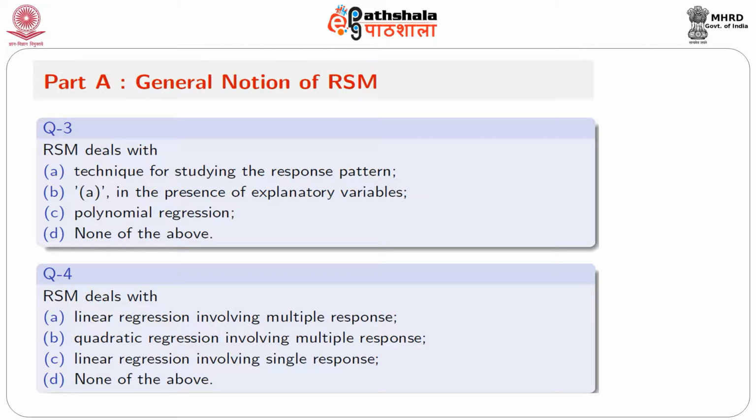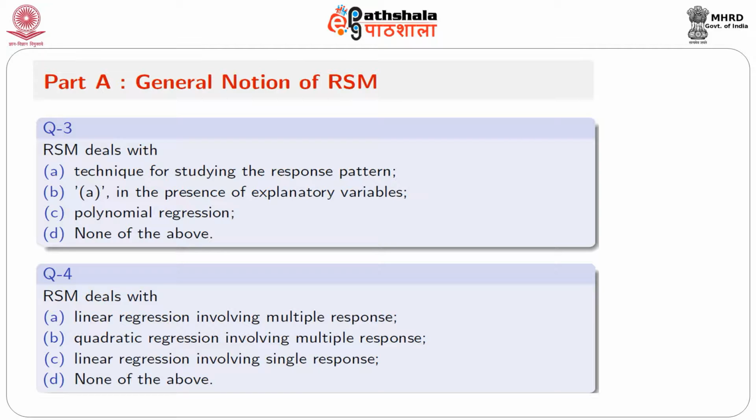Yes. What is question 4? So here we need to know that RSM deals with either linear regression involving multiple response, or quadratic regression involving multiple response, or linear regression involving single response, or none of the above. Let's try to understand the response surface methodology. We are talking about a number of regressors, but the response is always single.